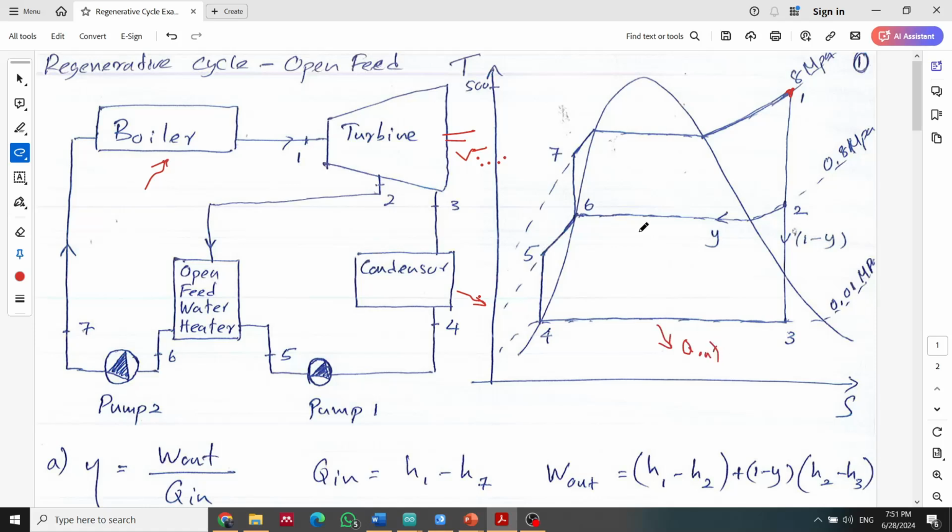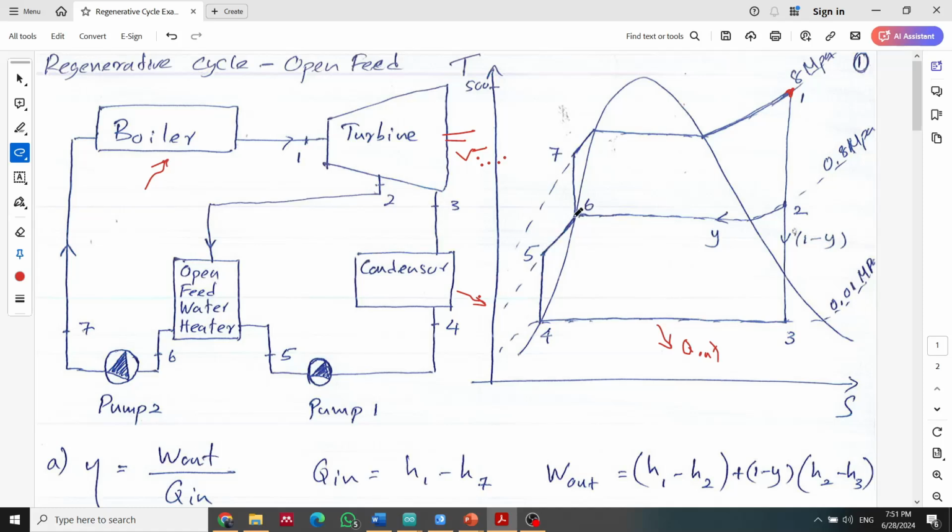Then we have pump action. This is pump 1, the 4 to 5 pumping from 0.01 to 0.8 megapascal. Then 5 to 6 is the feed water heating action.